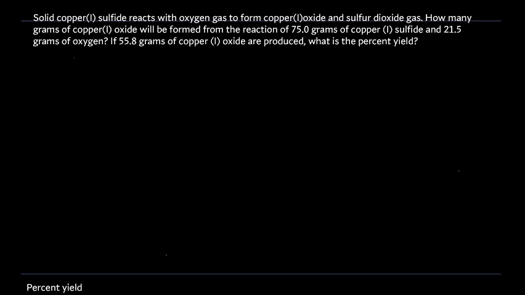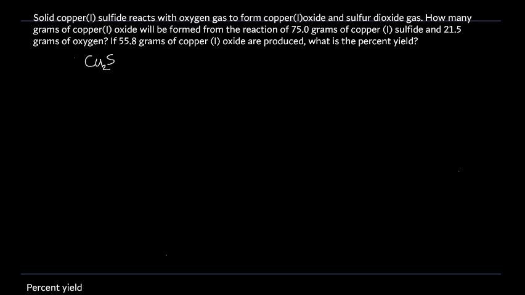So 2 questions here. So first what we will do is, since we have the word reaction given, we have to write the symbol equation first, and we have to balance it. So copper 1 sulfide is Cu2S. Sulfur is -2, copper is +1. So we will have Cu2S that reacts with oxygen.